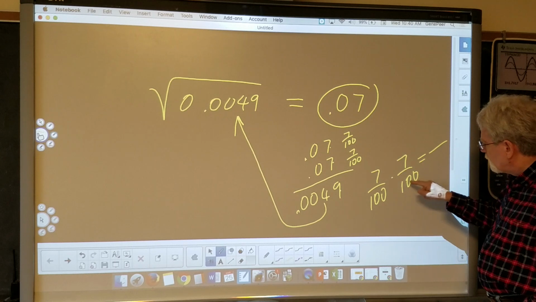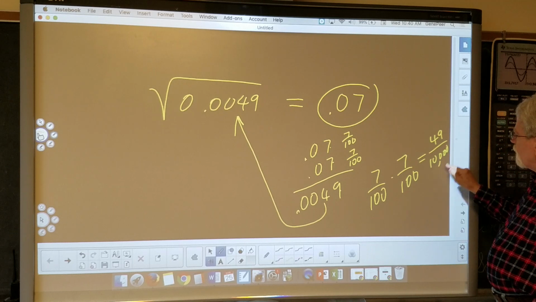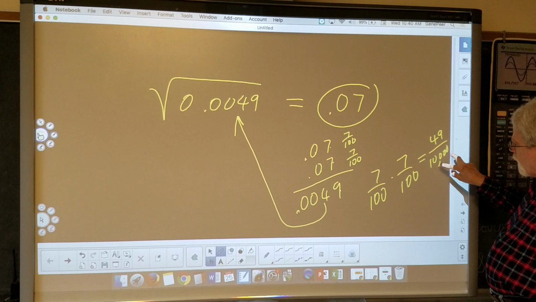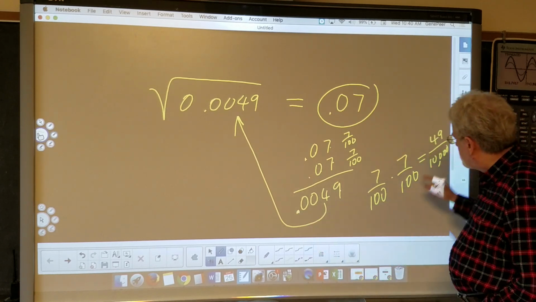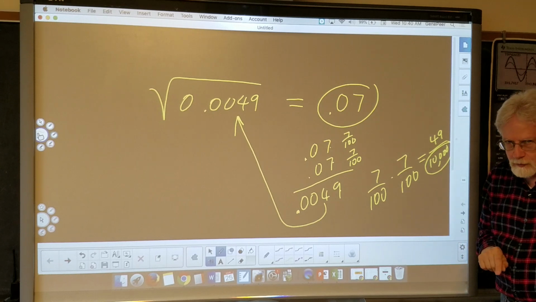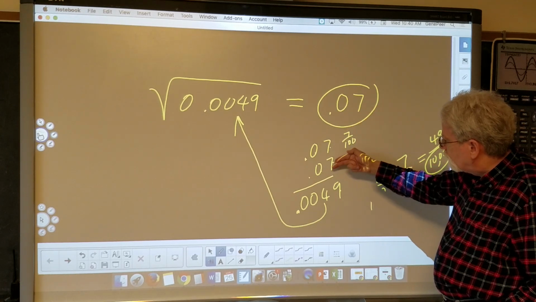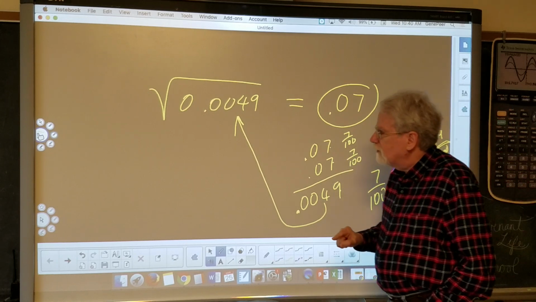Yes. 100 times 100 is 10,000. So we get 49 10,000ths. And if this has 2 zeros and that has 2 zeros, you know this will have 4. That's why your answer has to have 4 decimal places, because it becomes 10,000ths. Because that's what happens when you multiply hundredths by hundredths. You get 10,000ths. It makes sense.